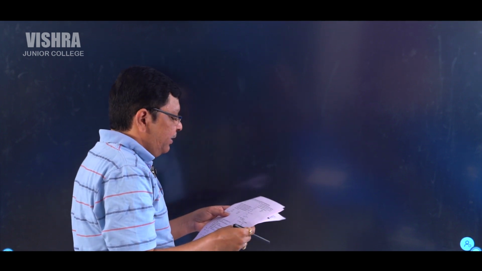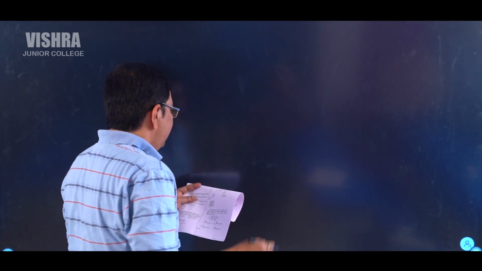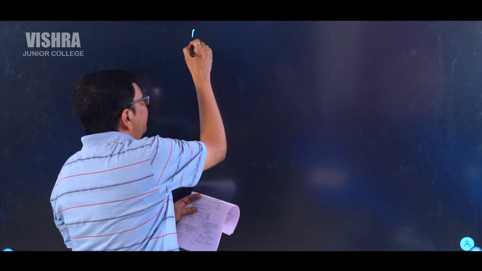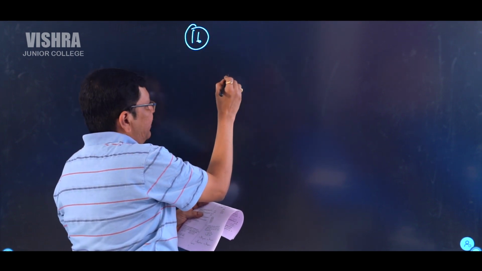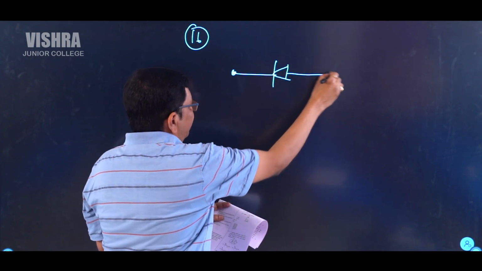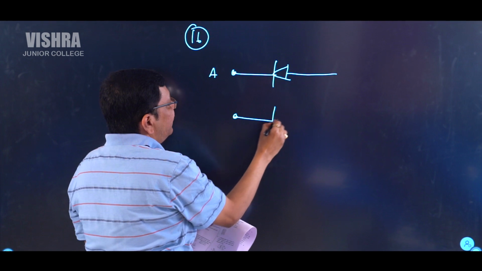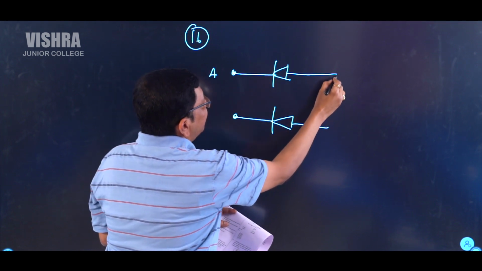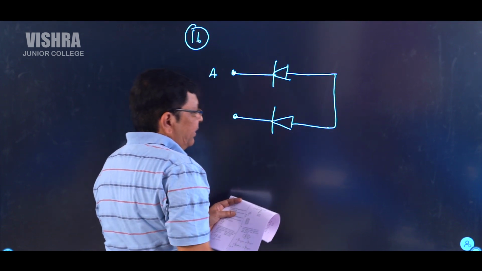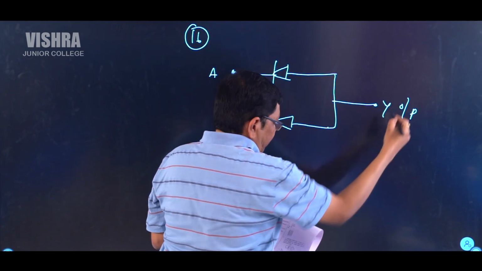Next, he asked about logic gates in semiconductor devices. It is also a direct question. In this case, A is connected to a PN diode and B is connected to another PN diode, and these two are connected, and at this junction Y he is taking the output potential.